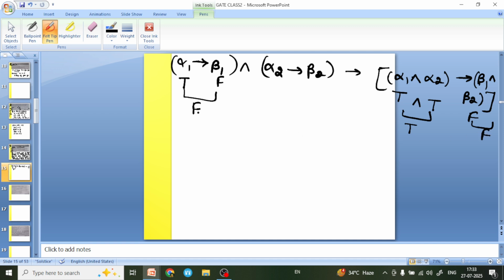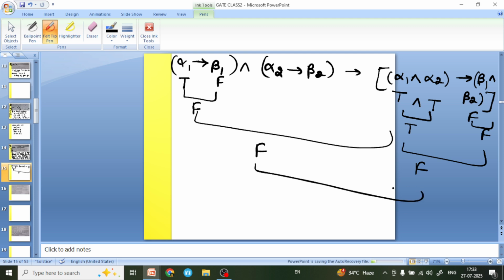And when we say both false, true, false, false, and so both false, then true. So that's why it is valid. So the answer will be D part.